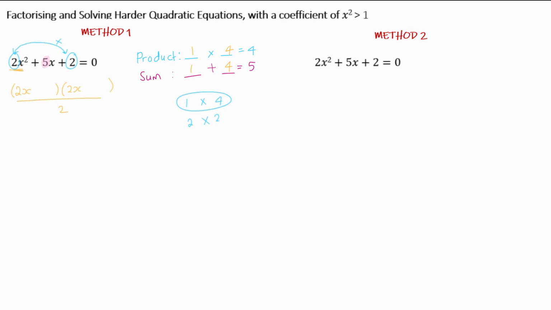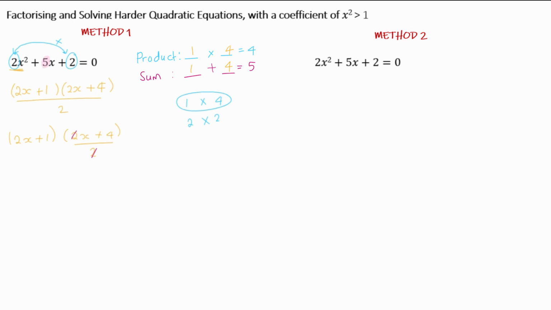Now that we've put 2x, we can put in both the factors that we have chosen. So the first bracket can read 2x plus 1, and the second bracket 2x plus 4. Now if we look at which bracket is divisible by 2, it is the second bracket. So we're going to write the first bracket as it is, but for the second bracket, each of these terms is divisible by 2, so we're going to divide that one by 2.